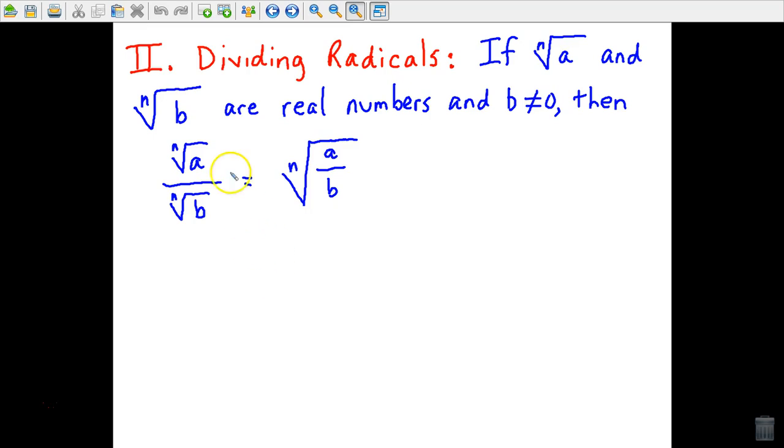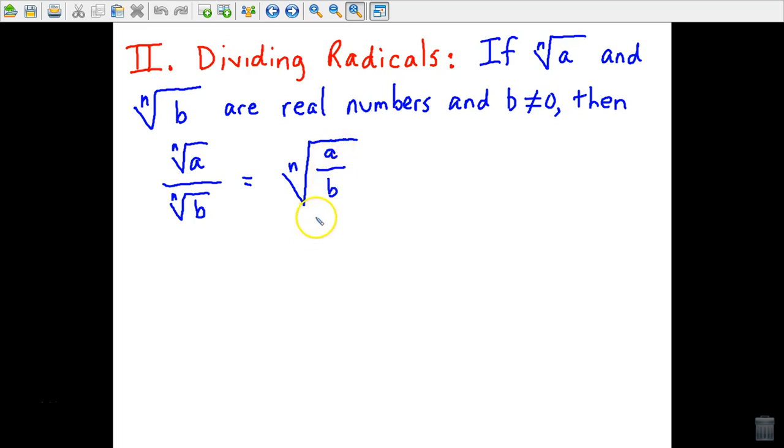What we're told here is that the division of two separate radicals could be thought of as one single radical of the fraction represented by a and b, or we call these the radicands, the numbers underneath the radical.